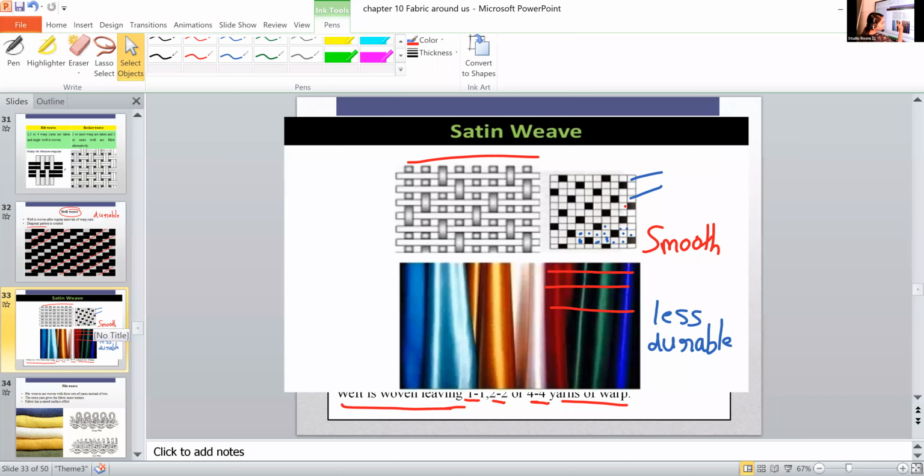That is the main characteristic of the satin weave. The weft yarns leave some warp yarns. Due to this limited interlacing, the satin weaves are less durable. Due to this interlacing pattern, the weft is woven by leaving 1, 2 or 4 yarns of warp yarns.